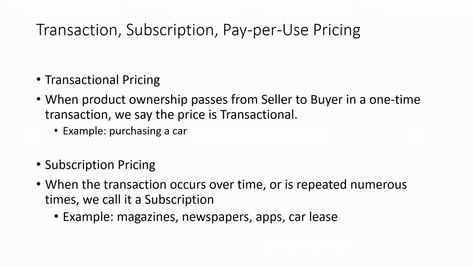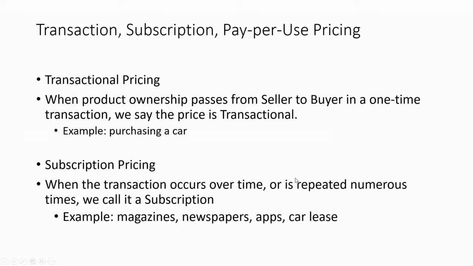Now, subscription pricing is the type of pricing which occurs when the transaction is spread out over a period of time or it's repeated numerous times. In that type of transaction, we call it a subscription, and the pricing that's used for that type of sale is called a subscription price.